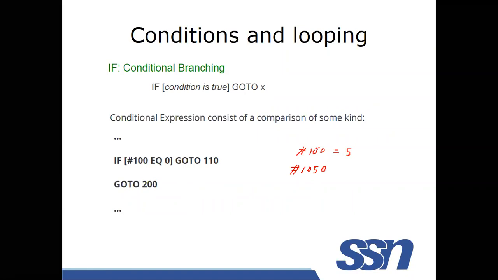It means in the 100th memory location, the value 5 will be stored. Okay, it is acting as a variable. Depending on the make, you may have 4,000 or 40,000 memory locations. In this case, #100 is a memory location where you can store 5. Suppose in this case, the value will be 5.